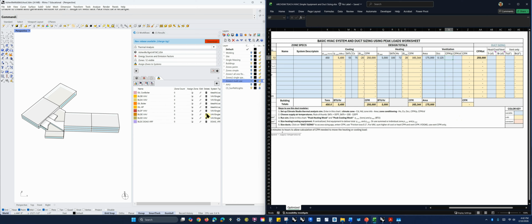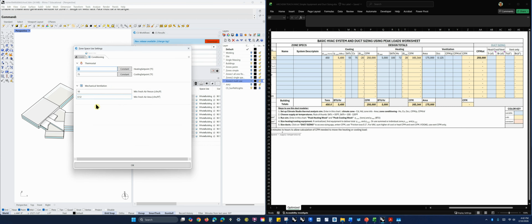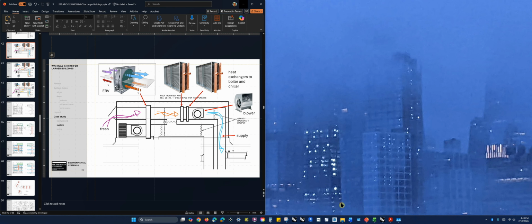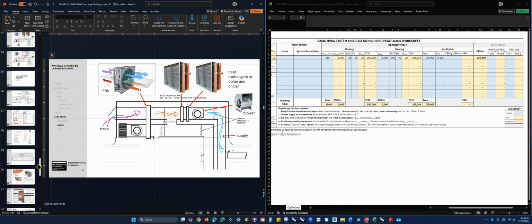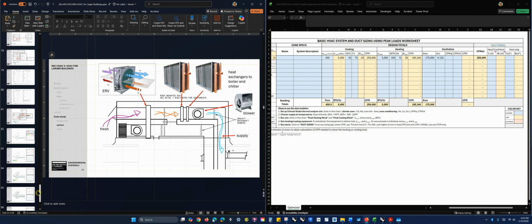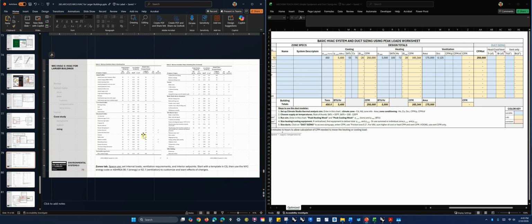Now you'll remember if you look back in my zones here, I think we set this at 10, just generally. Yeah, 10. That's pretty high. But you can go and look in the slides. We have those pages from the ASTM standard that talks about this. And so classroom here is 10.